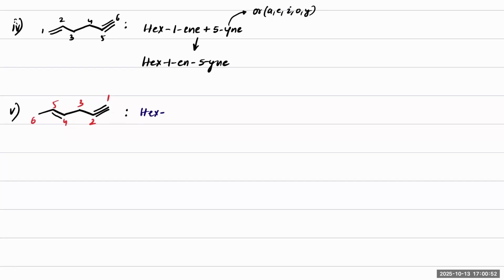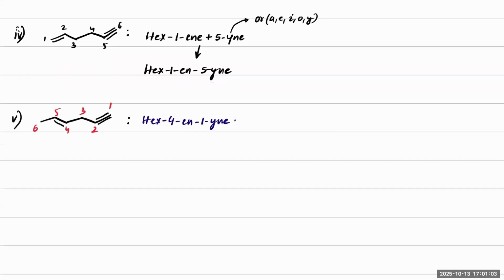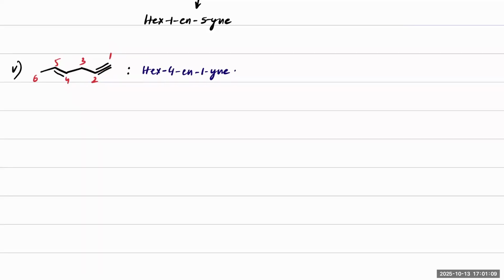At the 4th position I have ene, and at 1 position I have yne. So this is what you will write. Okay, clear? Hex-4-en-1-yne. Clear? This is identifying how the double bond is to be written.